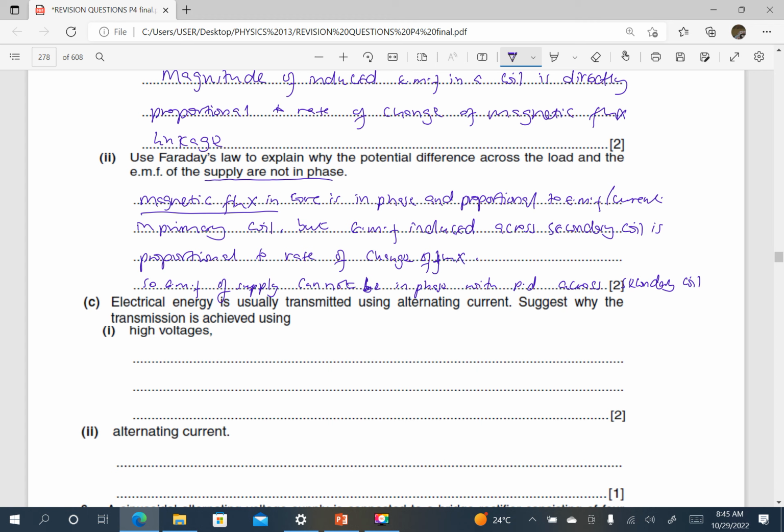Electrical energy is usually transmitted using alternating current. Suggest why transmission is achieved using high voltages. For the same power transmission, if the same power is to be transmitted, then high voltage is better, because at high voltage a small current flows.